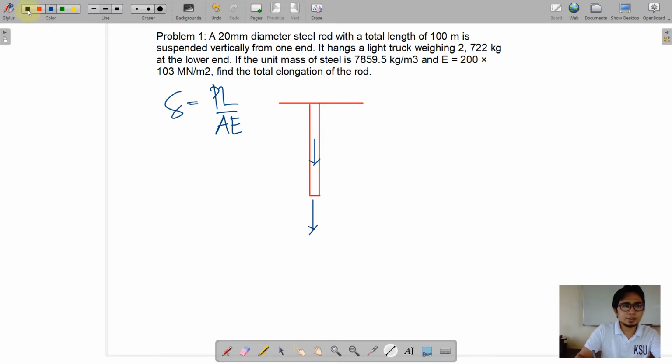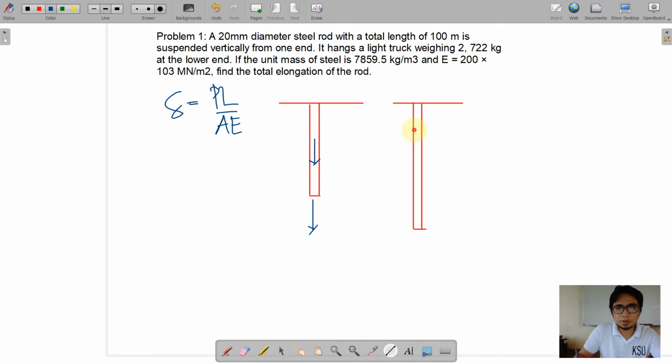By this, it is understood that there will be two deformations: the deformation caused by the weight, and the deformation caused by the force at the edge.